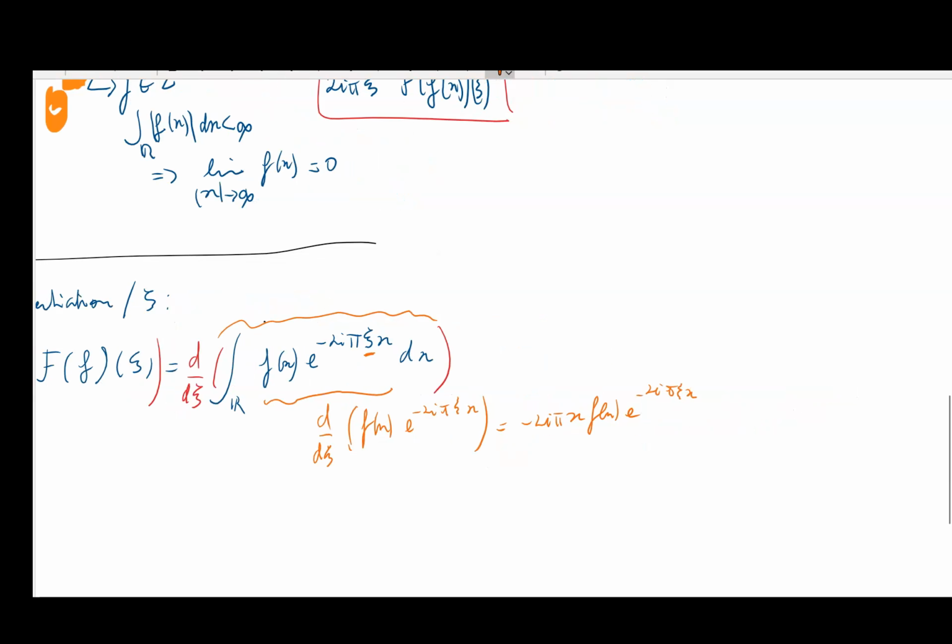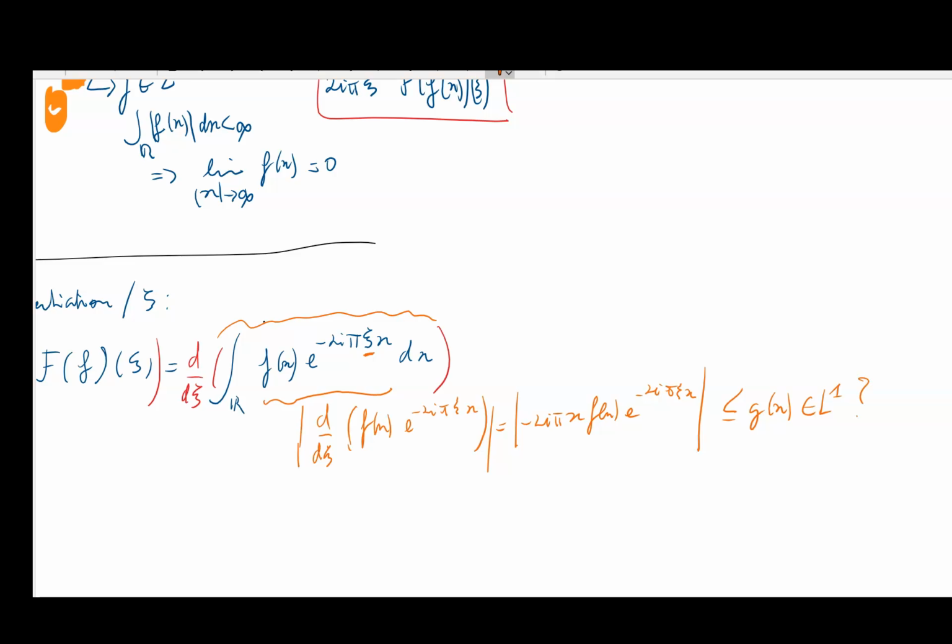We need this to be dominated by some function. So in terms of absolute value, I want to apply the theorem of derivative of parameter dependent integral, so I need this to be dominated by some function that is in L1.